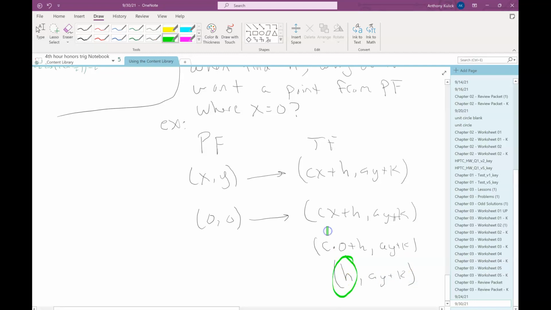So the x-coordinate from your transformed point is going to be h. That's why I can just shortcut to that. If I don't use my parent function point that has an x-coordinate of 0, I actually have to do some algebra. And while it's not difficult algebra, if I can get away with not having to do anything, wouldn't you just make a choice to do it so you don't have to do anything?